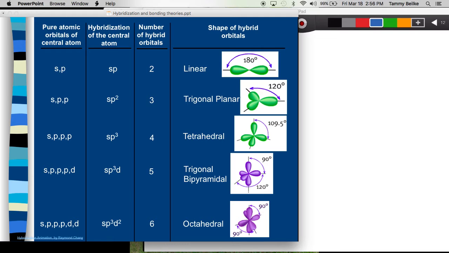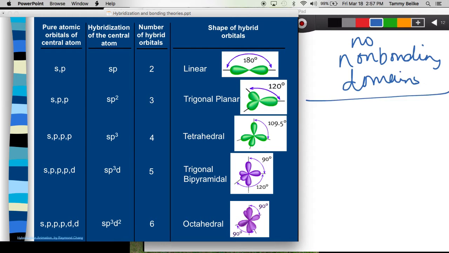In all of these shapes there are no non-bonding domains, so we're going to start with those. When molecules have no non-bonding domains, you're looking at how many bonding domains they have, and that's how many orbitals you're going to need to hybridize.